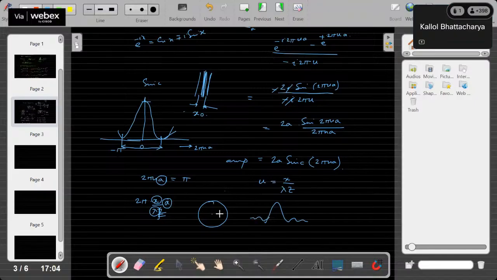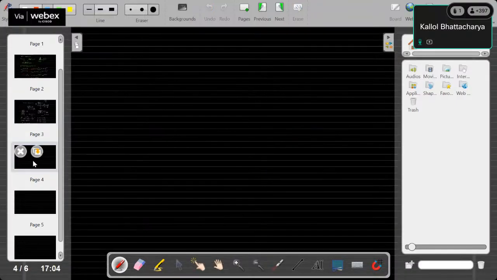And this actually leads us to a very interesting thing, which is diffraction in imaging, which will ultimately lead to the Rayleigh criteria for imaging. So I will just discuss this as the last topic today.